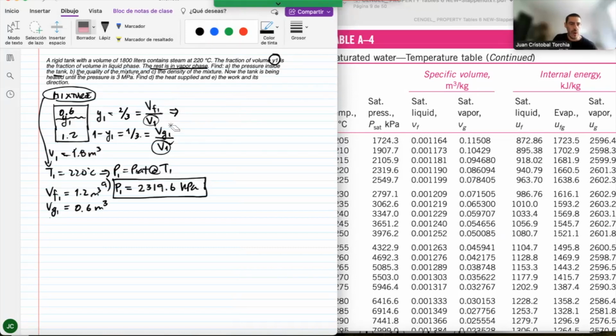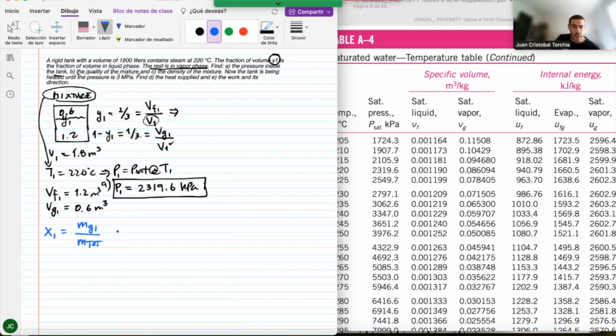This is wrong because the quality is calculated with mass. So x1 equals the mass of the gas phase at 1 divided by the total mass. The way to get it is kind of simple.